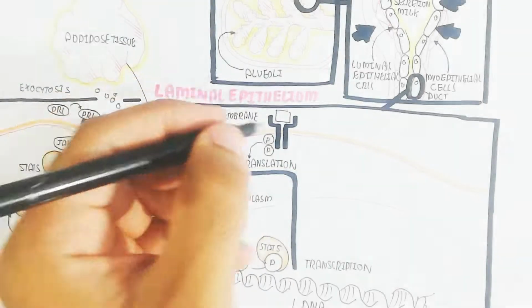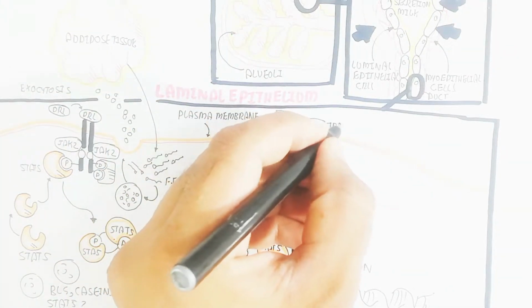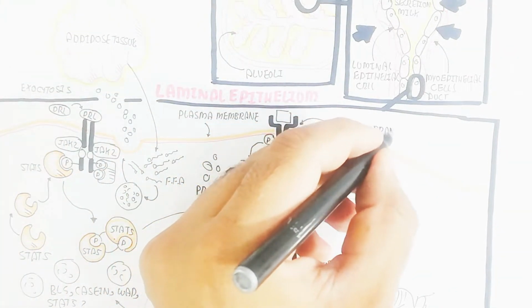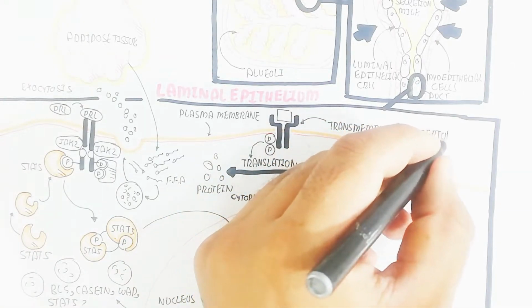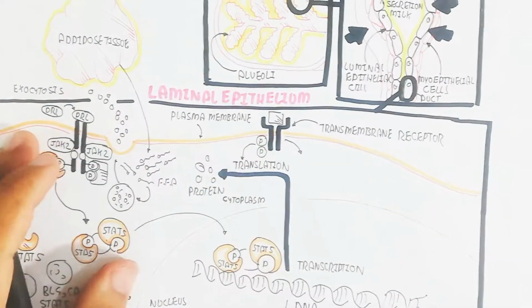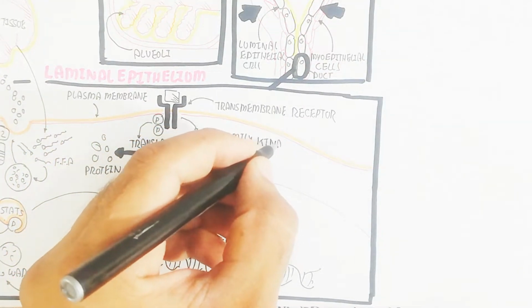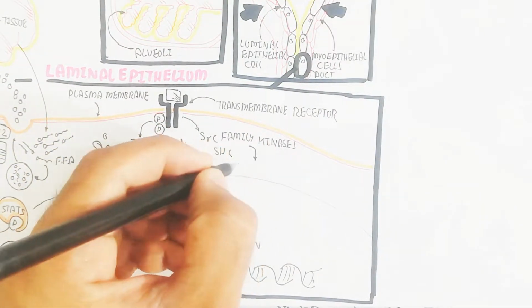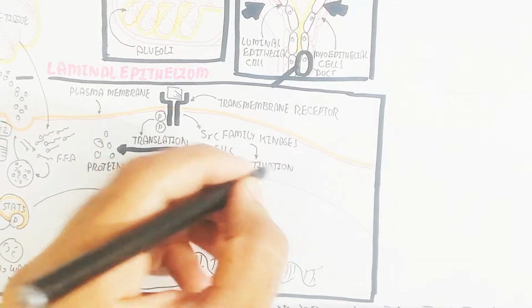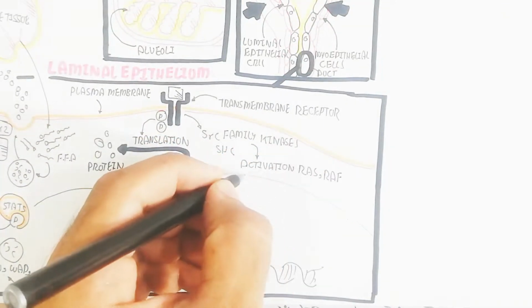So remember, here is one more important thing you need to understand: the transmembrane receptor will stimulate the SRC family kinase and SHC, which will lead to activation of RAF, MAP kinase, and MAP kinase.